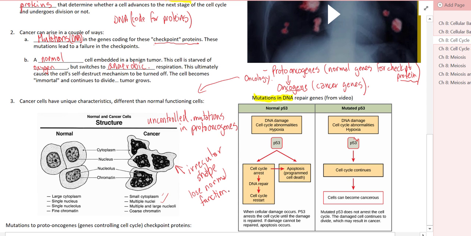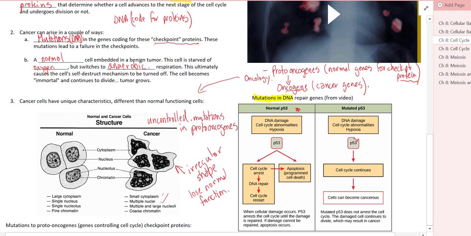And cancer results. So the video here looks specifically at how normal cells have many repair mechanisms. So there's lots of things cells have to prevent this from happening, even when things go wrong.